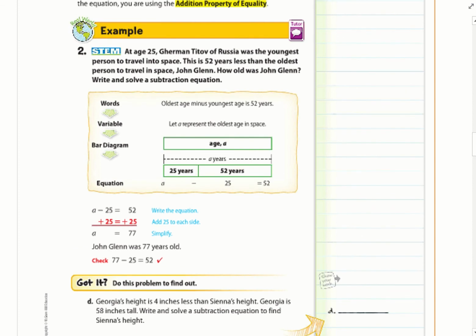Example 2. At age 25, German Titov of Russia was the youngest person to travel into space. This is 52 years less than the oldest person to travel in space, John Glenn. How old was John Glenn? Write and solve a subtraction equation.